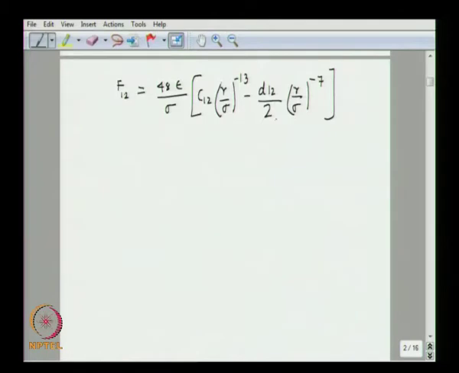So this 2 was missing earlier when we were trying to write the expression for the force, the factor of 2 was missing, so that needs to be corrected.